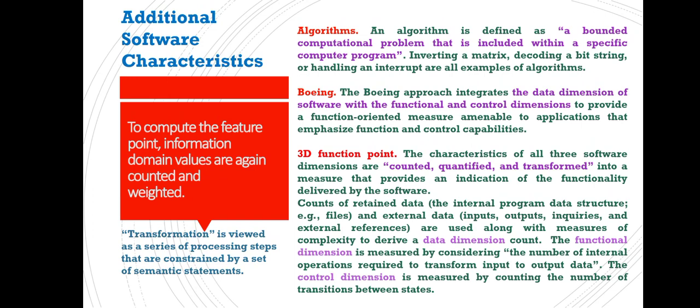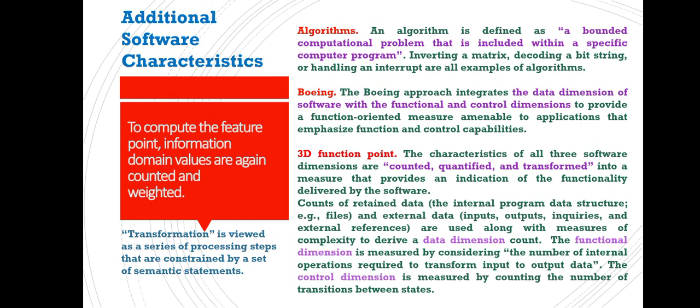We need to handle that. That must be designed or developed in the algorithm. If it is not specified in the algorithm, or any sequential steps are missing in the algorithm, then we need to handle such an interrupt.